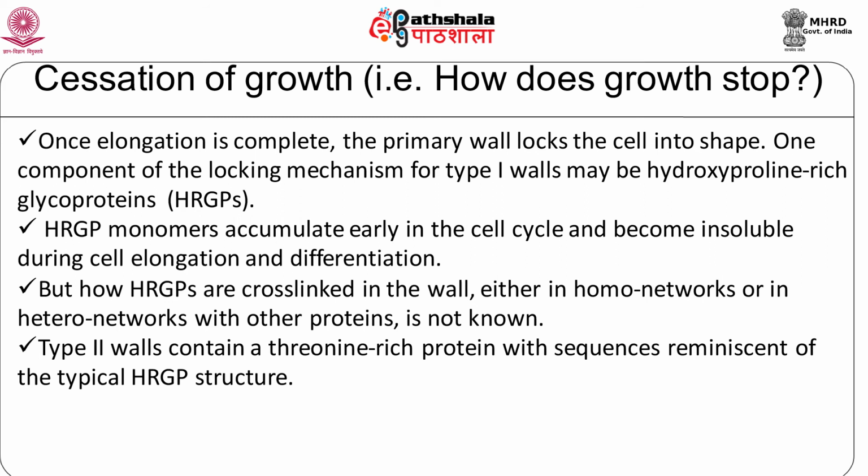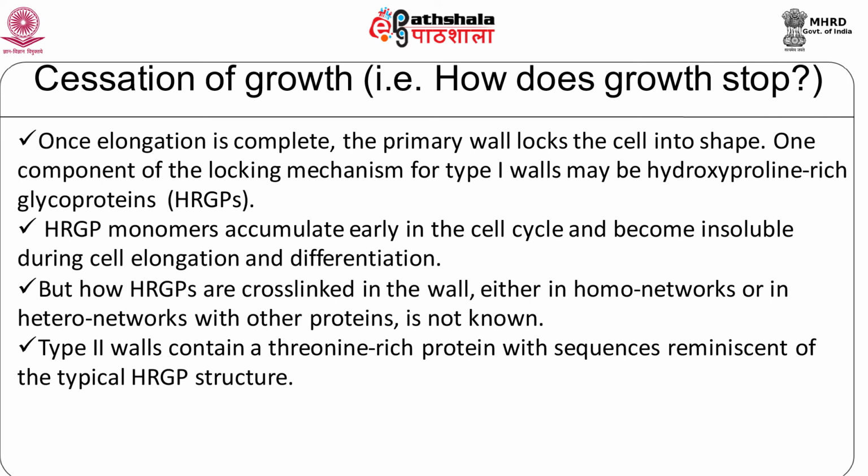One component of this locking mechanism of a type 1 primary wall may be hydroxyproline-rich glycoproteins. Hydroxyproline-rich glycoprotein monomers accumulate early in the cell cycle and become insoluble during cell elongation and differentiation. But how these proteins are cross-linked in the wall, either in a homo network or in a hetero network with other proteins, is still unknown.